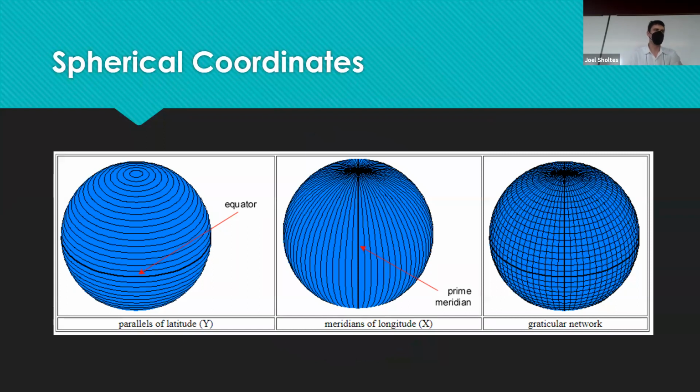Here are spherical coordinates. We have parallels to the equator, also known as latitude. These are our y values. It's always been counterintuitive to me because the parallels go around the planet. If we orient the planet north and south in space, they go around like a belt, but they tell you where you are in the y direction, right?